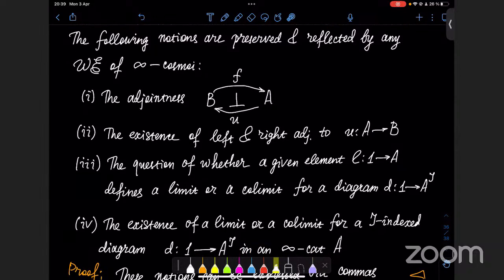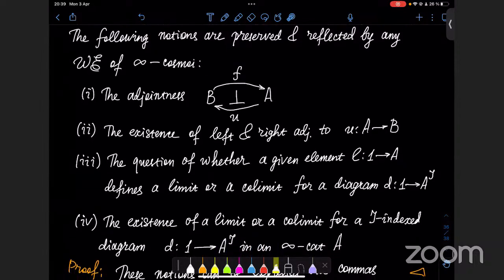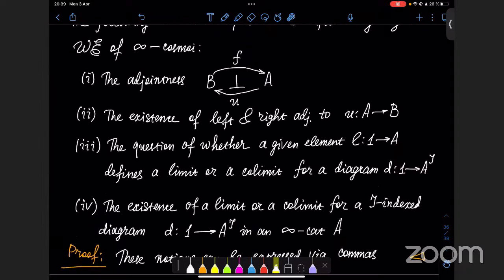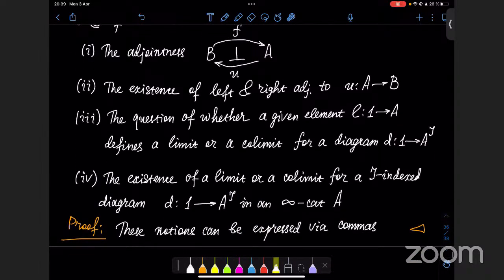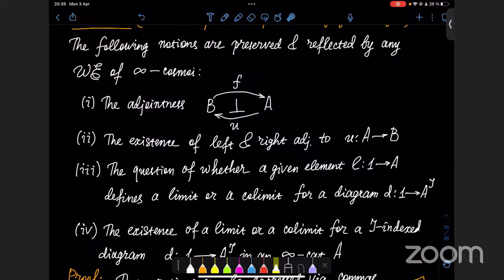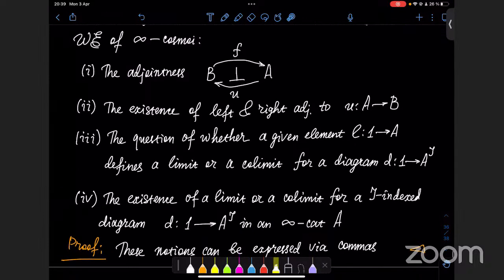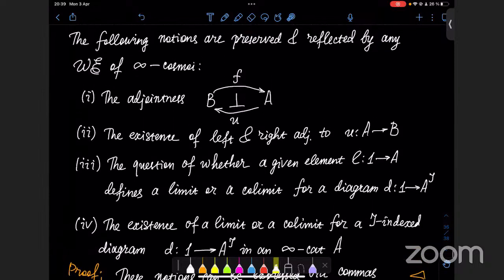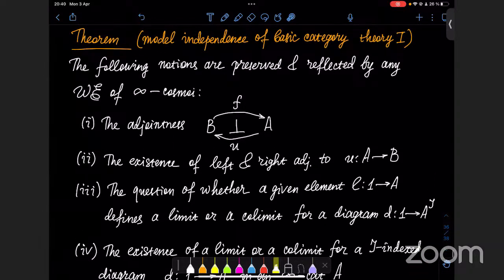Of course, we have proved these results by the previous theorems, and we know that the adjointness fact is encoded by comma objects, and the others are also encoded by this technique, and it means that we are done.